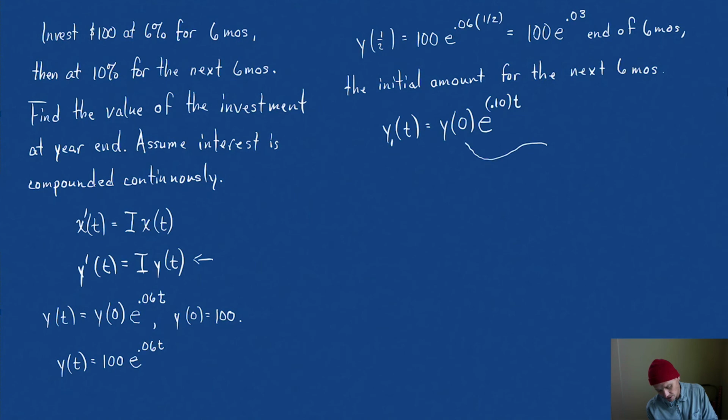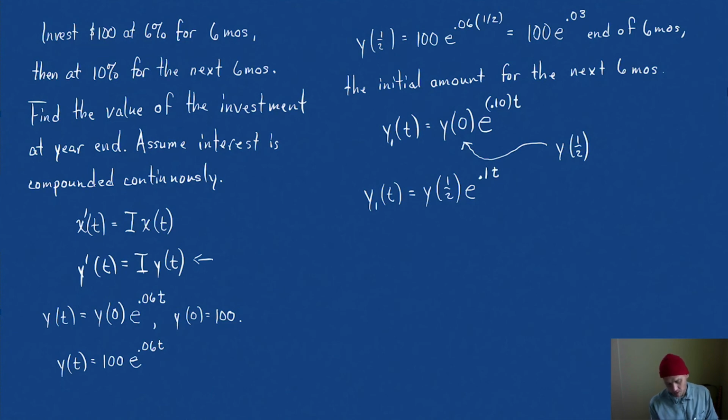Well, how much do we start with? We start with y of 1/2. Now, we could actually figure it out, but I don't want to deal with those decimals. So let's write it that y1 of t is really y of 1/2 e to the 0.1 t. Well, what we want is that money now grows for 6 months.